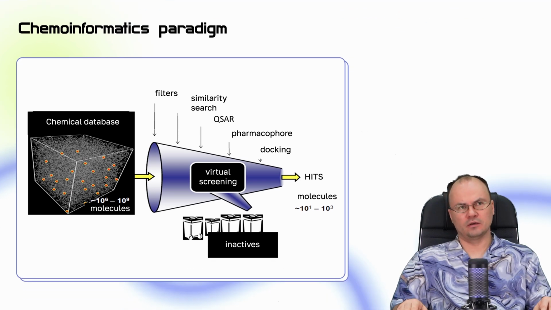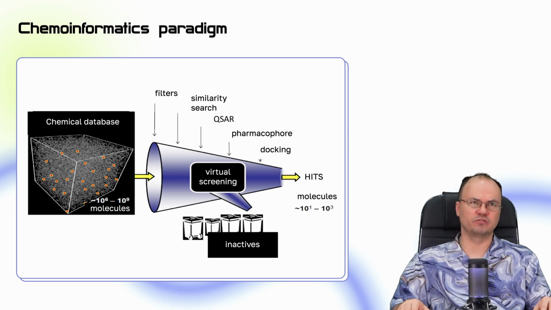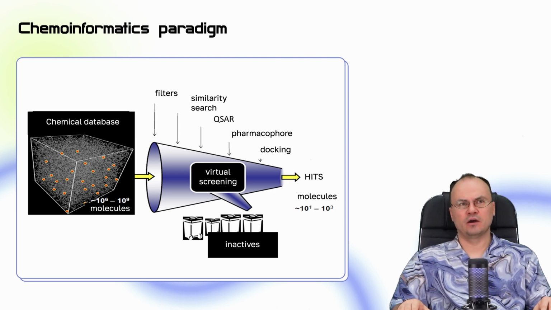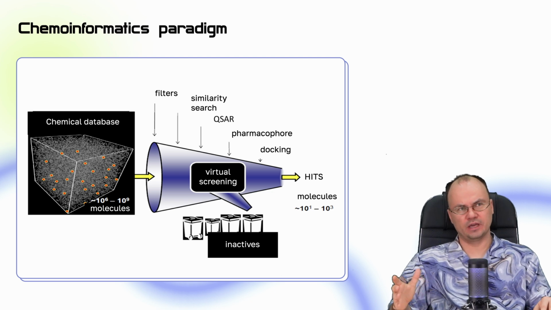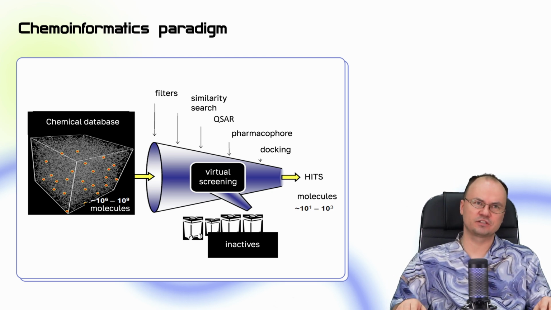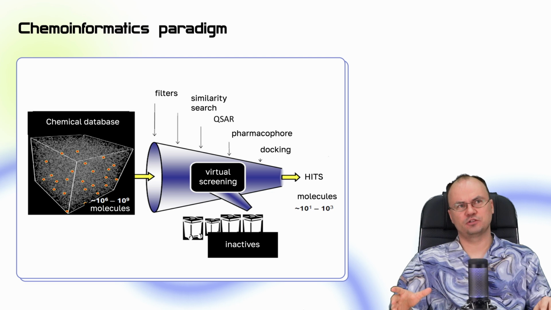The chemical space might also be analyzed in accordance with the cheminformatics paradigm. On this slide, I want you to have a look at this paradigm, where on one hand we have the chemical database, which represents the chemical space. On the other, we have different techniques we can implement to analyze this space.